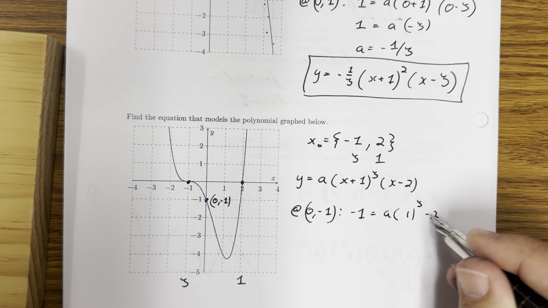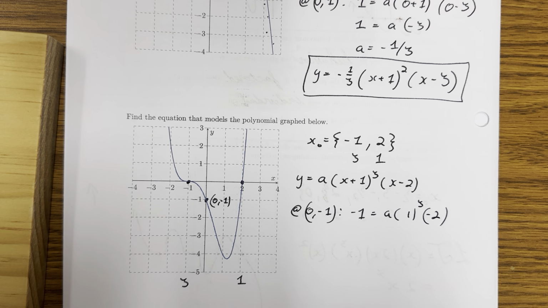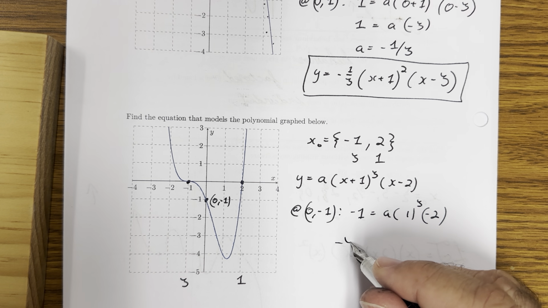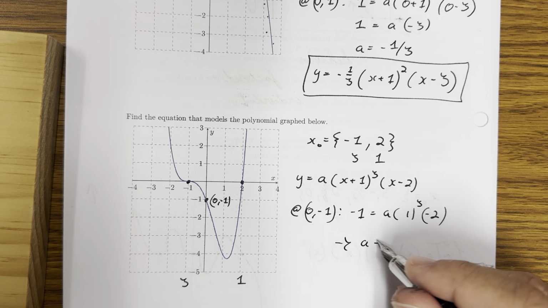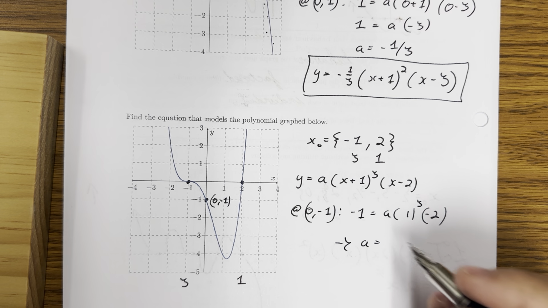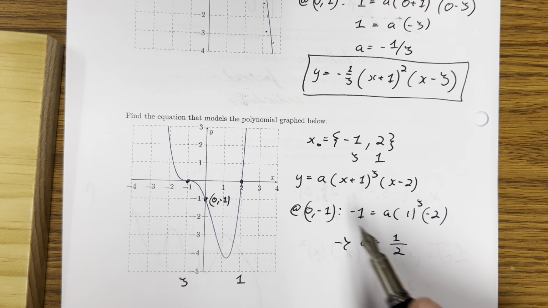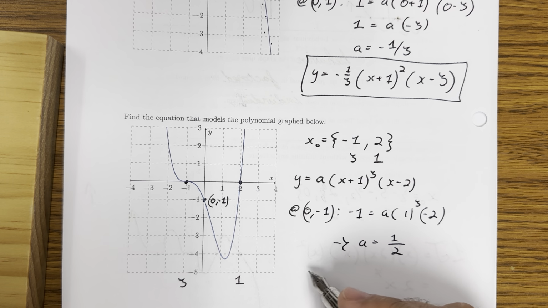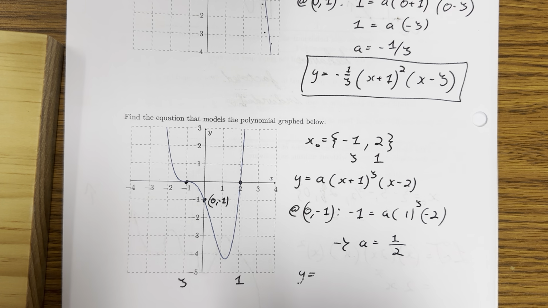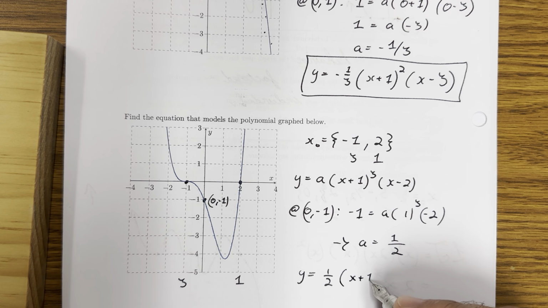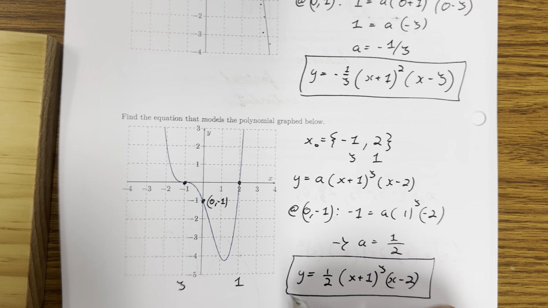And then multiply that by -2. And this will give us an a that equals +1/2. Plug that back in to get our equation of y equals 1/2 times x plus 1 cubed times x minus 2. And there we go.